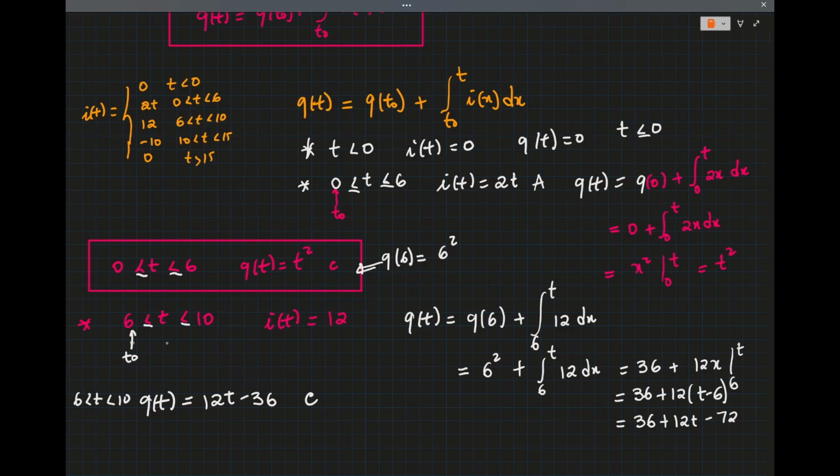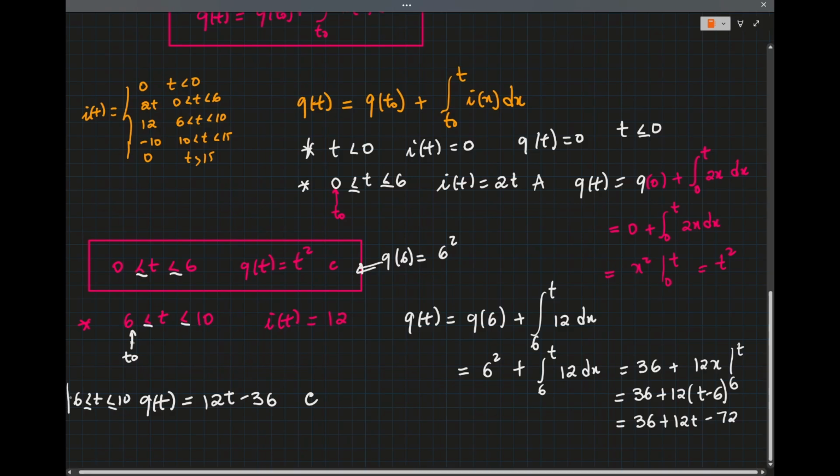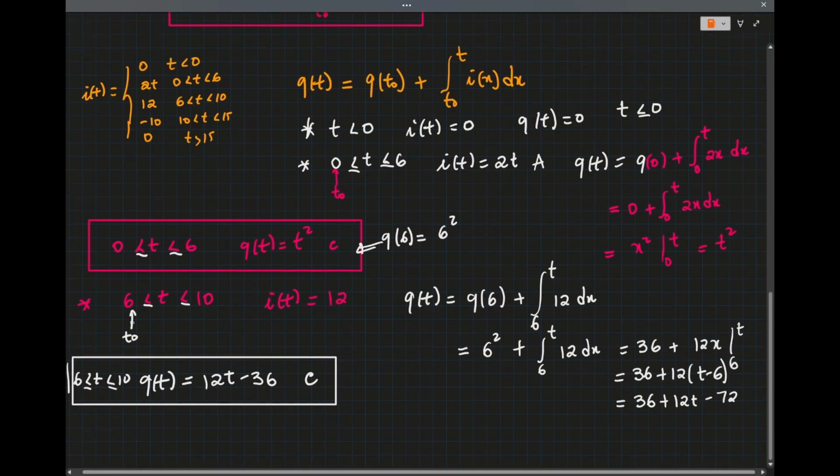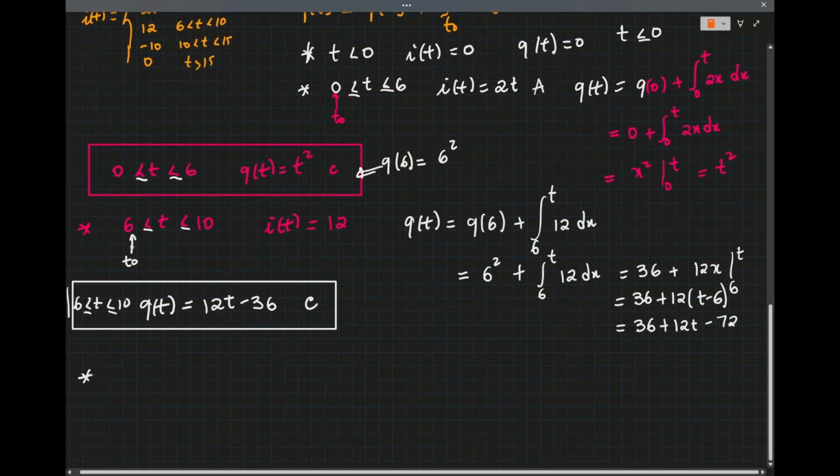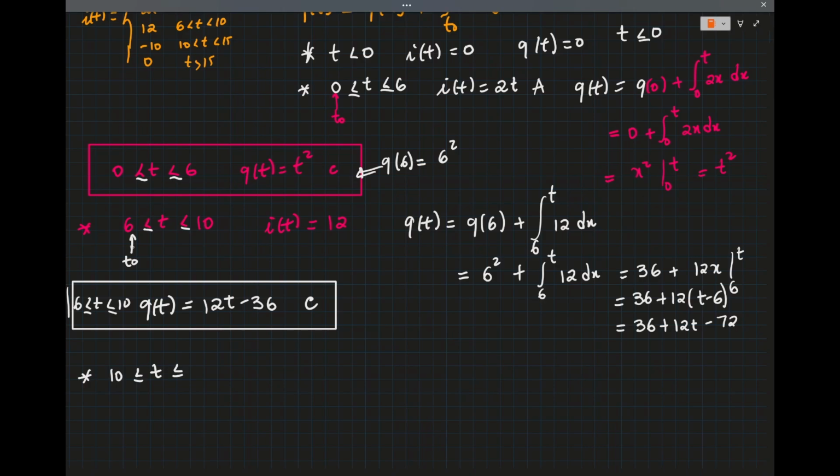The interval. So that is this one. Now the next one is when 10 is less than or equal to t less than or equal to 15. I of t, we know, is negative 10 amps. So Q of t is Q of t0. So t0 is 10, right?